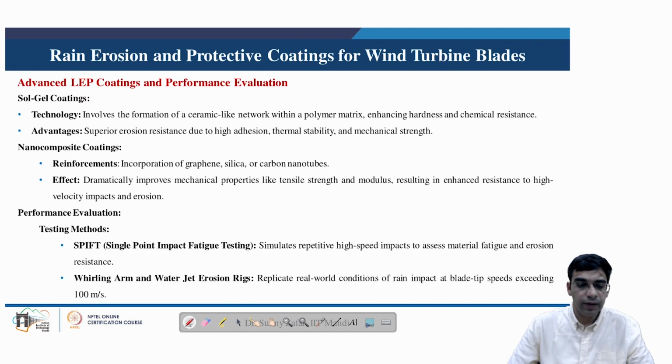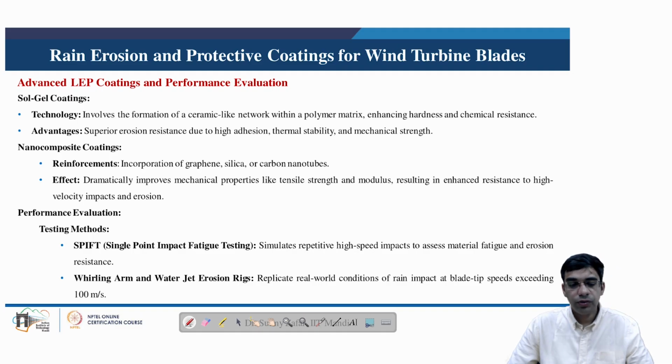Next are the advanced LEP coatings and performance evaluation, where the sol-gel method is applied, which involves formation of a ceramic-like network within the polymer matrix, thereby enhancing hardness and chemical resistance. The advantages include superior erosion resistance due to high adhesion, thermal stability and mechanical strength.